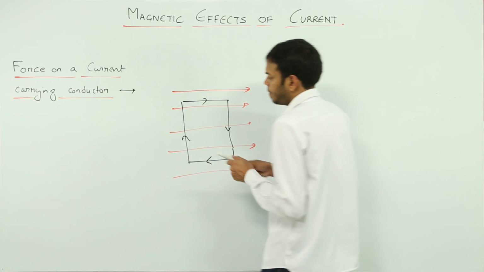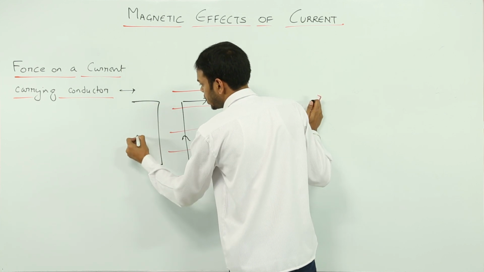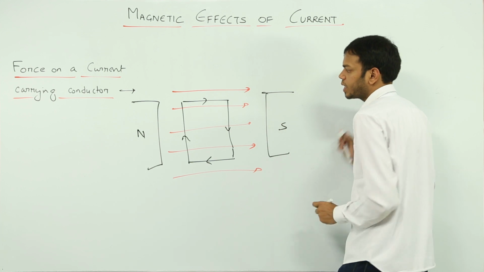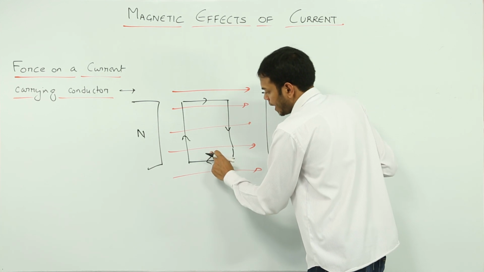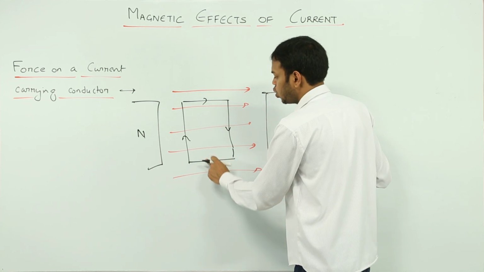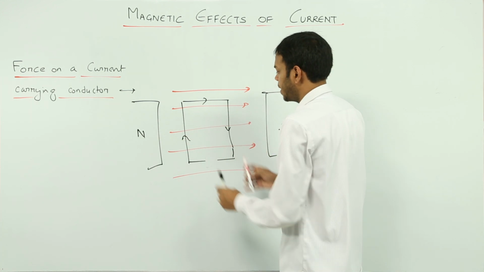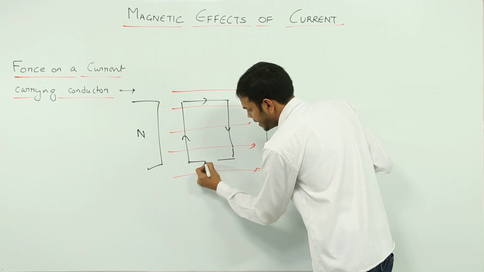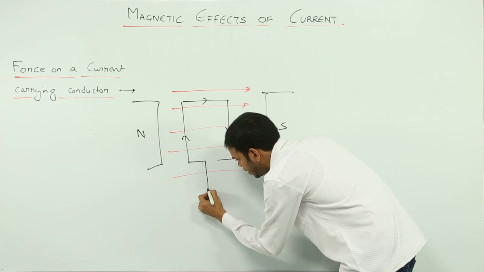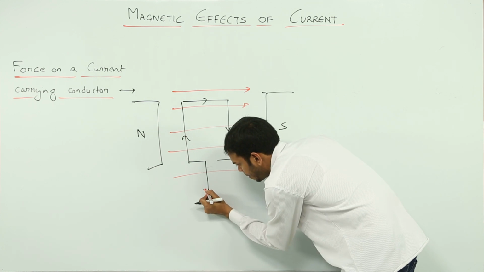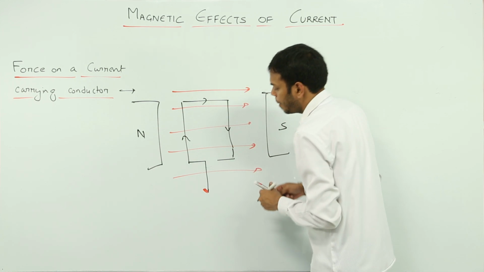So what is the circuit diagram for motor? Consider these are magnets, north and south pole magnets, and this is our loop. Now this loop was rotating like this, simple. In this loop, this part is connected with carbon brushes like this. These are carbon brushes. I'll explain why we use carbon brushes.